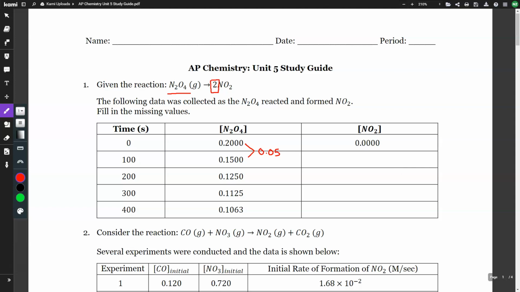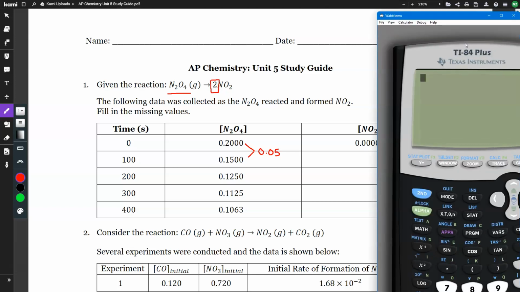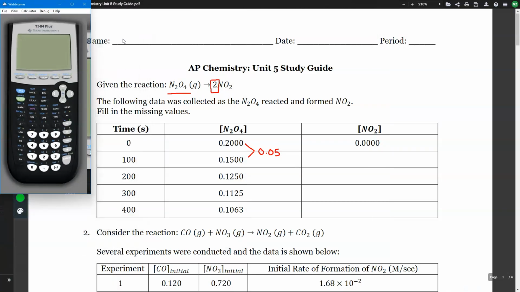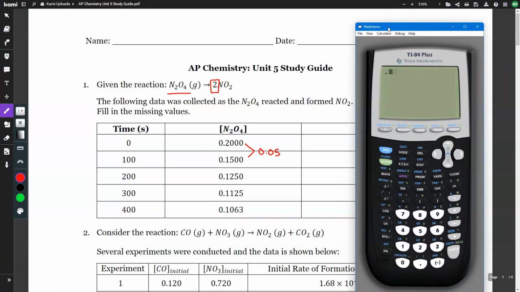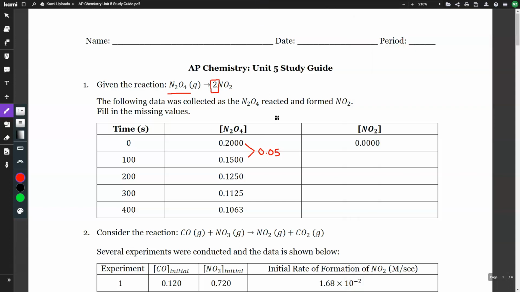Let me pull up my calculator here. We've got 0.05 and it's going to increase by a factor of 2, so the difference will be 0.1.